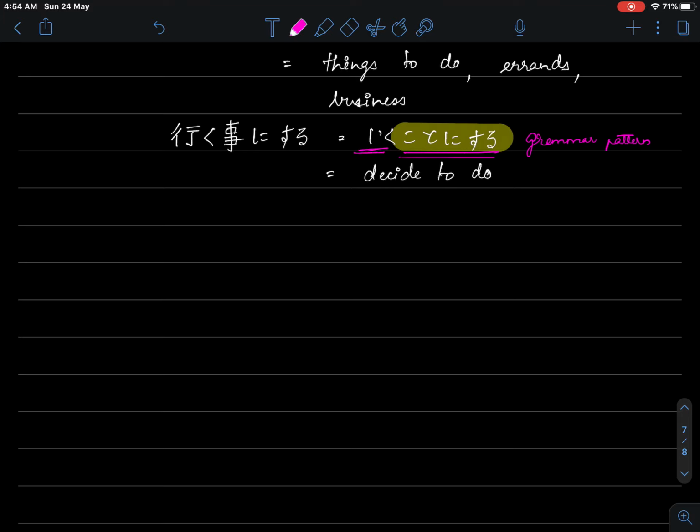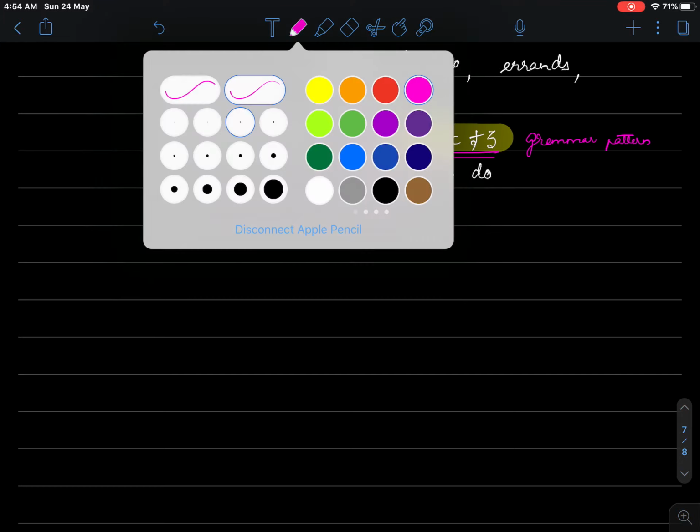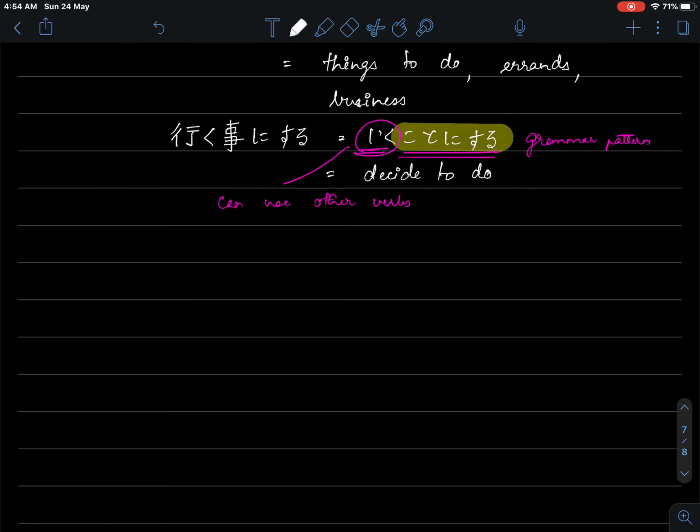You can replace this, can use other verbs here. So you can add some verb with koto ni suru and it will take up a meaning depending on what the phrase koto ni suru means. So again, you can replace iku with some other verb and you can add koto ni suru and it will mean whatever the phrase koto ni suru is supposed to impart to that whole phrase. Okay, so you can look it up. And we will look at the next word.